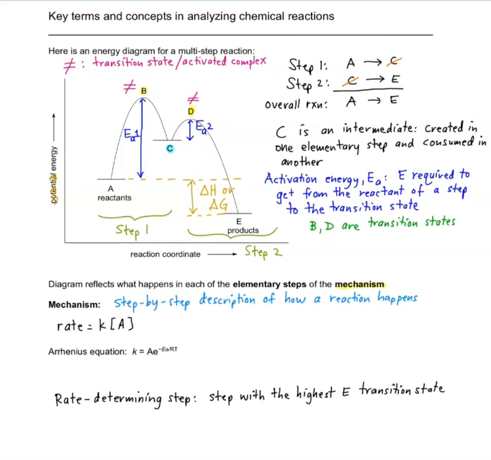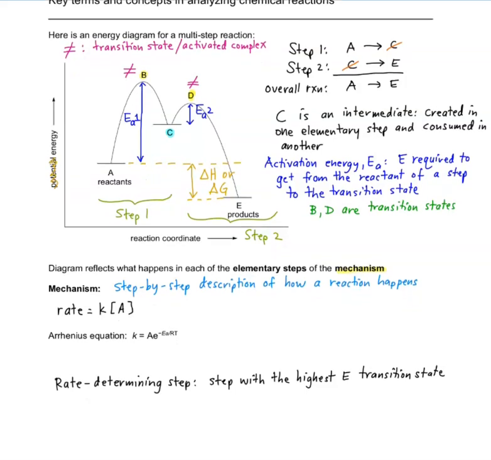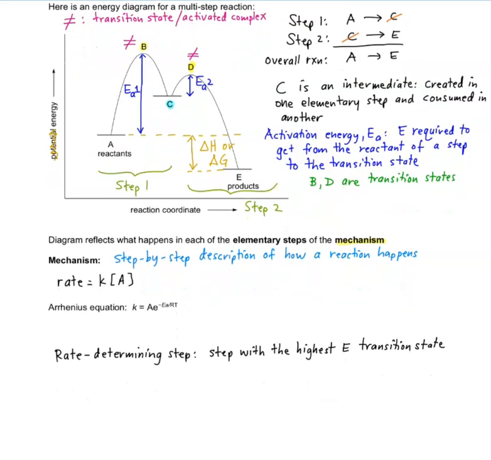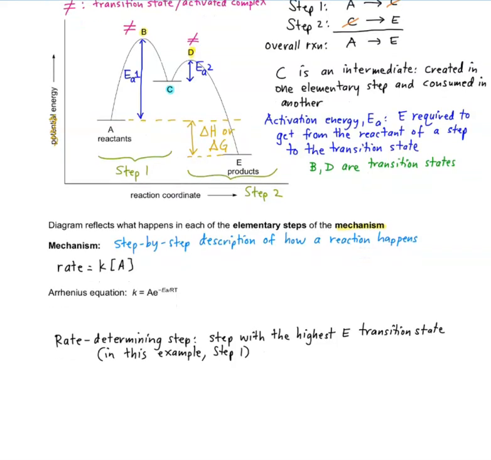So if we go back up here and look, the step with the higher energy transition state is the first step, because B is higher in energy than D. So in this example, it's step 1. The rate law for the overall reaction has to agree with the rate limiting step.